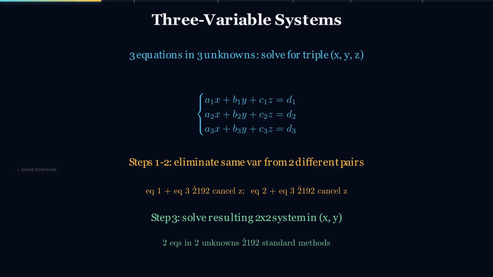Step 2 is to repeat the elimination on a different pair of equations. Pick the 3rd original equation paired with one of the 2 used in step 1 and again eliminate the same variable. The result is a second new equation in the remaining 2 variables. The 2 new equations together form a 2-variable system that the Section 6 methods can solve directly.